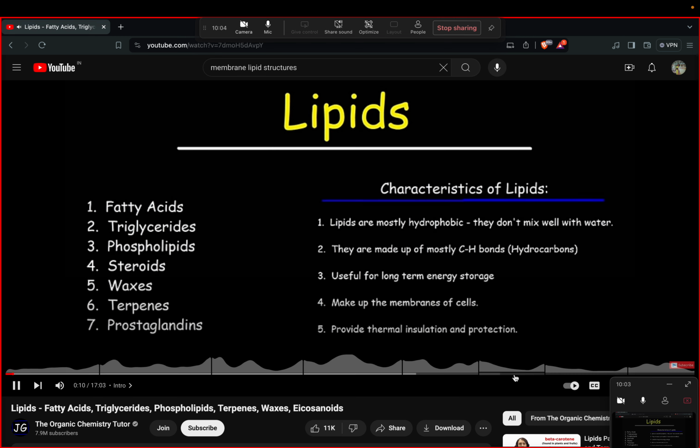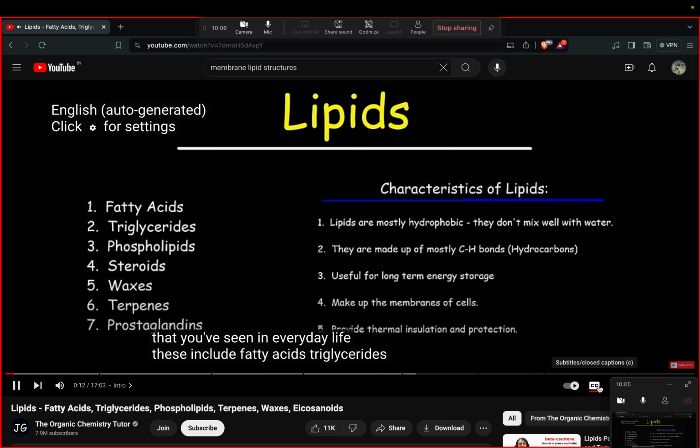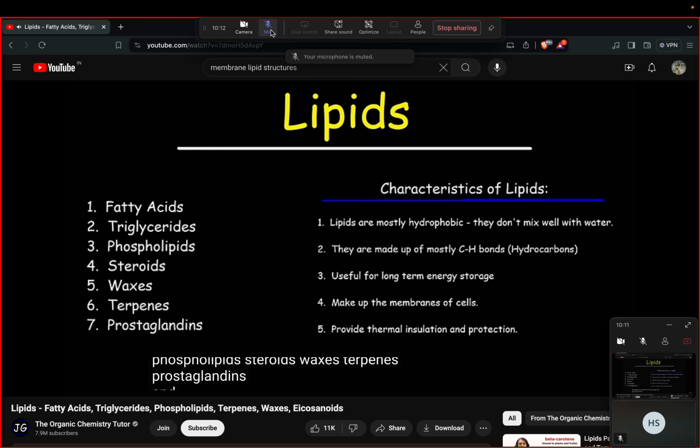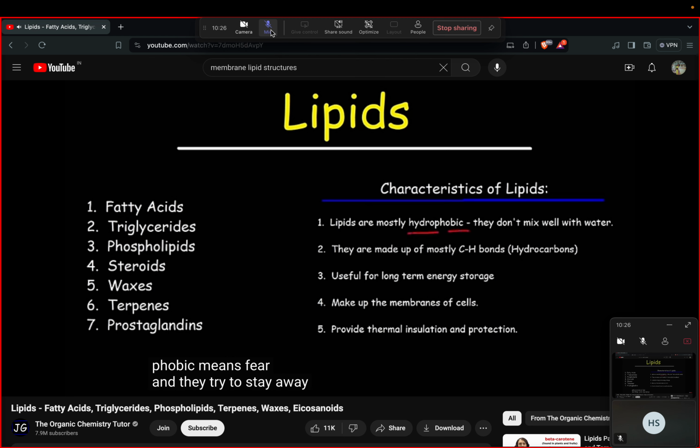These include fatty acids, triglycerides, phospholipids, steroids, waxes, terpenes, prostaglandins, and things like that. Now, lipids are nonpolar, which means that they're mostly hydrophobic. That is, they don't mix well with water. Hydro means water, phobic means fear, and they try to stay away from water. Now, lipids are mostly made up of carbon-hydrogen bonds.